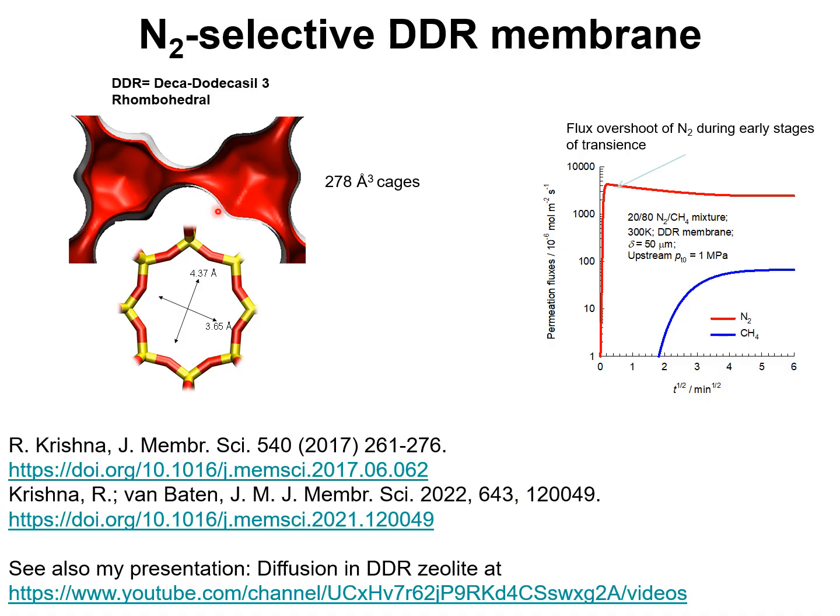DDR consists of cages that have a volume of 278 cubic angstroms, and each cage is separated from adjacent cage by narrow 8-ring windows that have an aperture that is 3.65 angstrom in this direction and 4.4 angstrom in this direction.